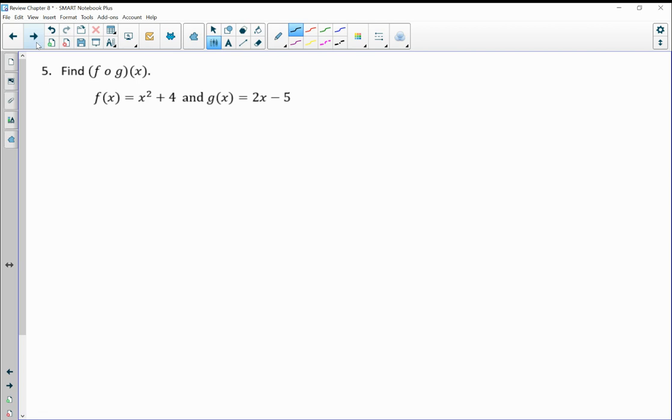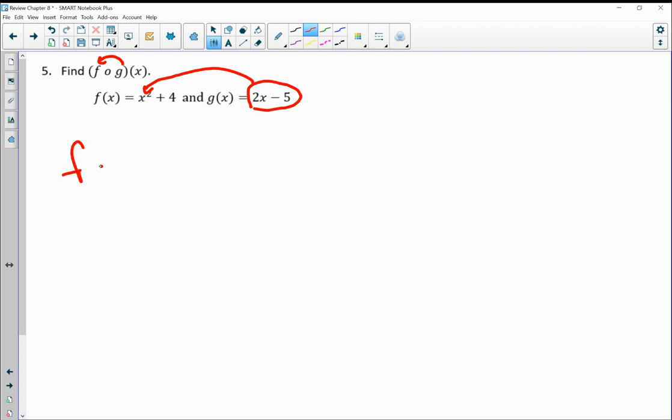Okay, find f of g of x. Okay, f of g of x, this means this is a composite function. Okay, very simply, all it means is take the g function, plug it into our f function, and then simplify as much as possible. Okay, so in this problem, we're going to take our g of x, the 2x minus 5, and we're going to replace the x in our f of x with 2x minus 5.